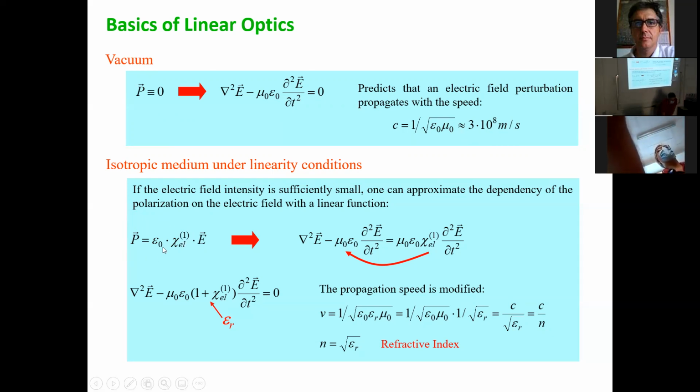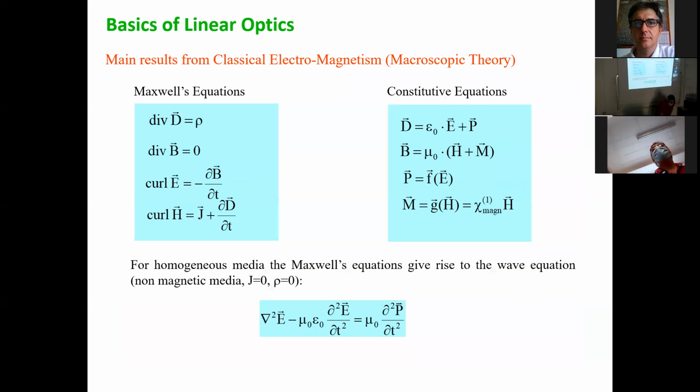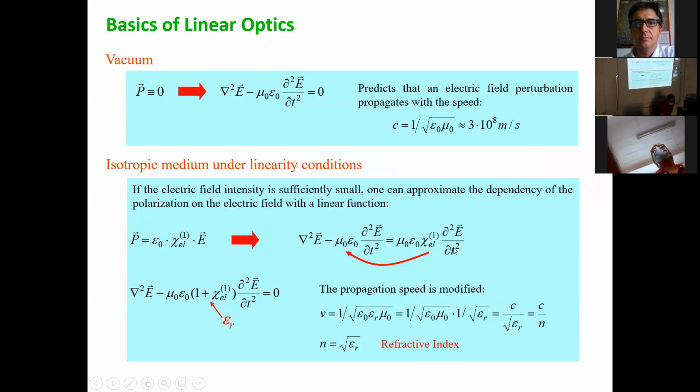So in general, in an isotropic medium, in linear conditions, you make this assumption. And what happens if you make this assumption? In the wave equation, the driving term, that is the second derivative of P with respect to time twice, if in P you replace the linear expression, then you can work out something like this.